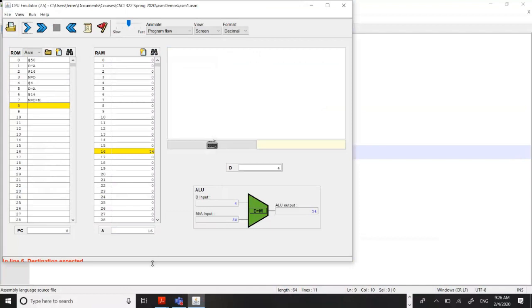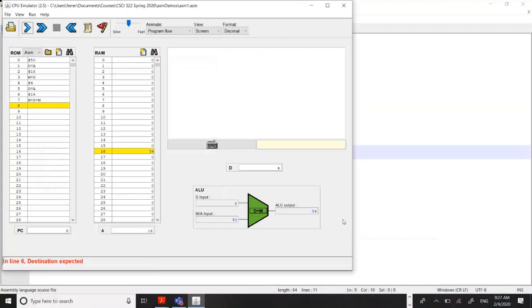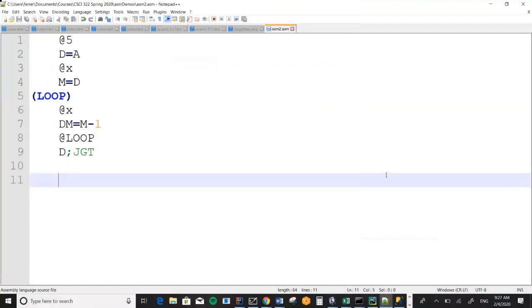Oops, in line 6, destination expected. What? I seem to have a syntax error. How embarrassing.